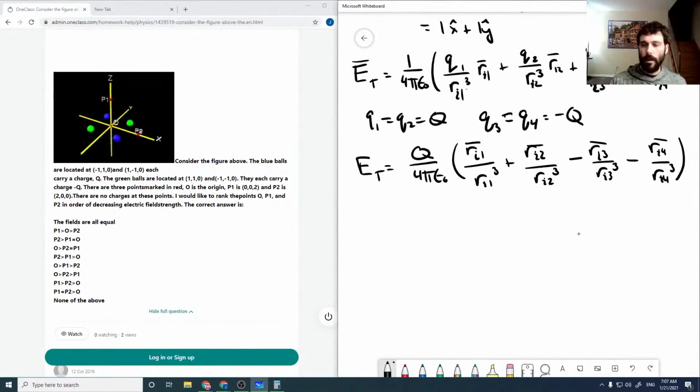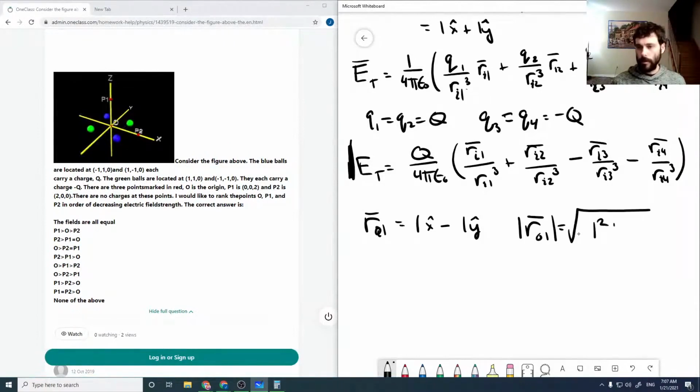So now we need each of our normals. RO1 came out to be 1 x hat minus 1 y hat. So this expression we'll be able to use the whole time, but we're going to do it specifically for the O point here. So RO1 magnitude is the square root of 1 squared plus 1 squared, which is square root of 2.